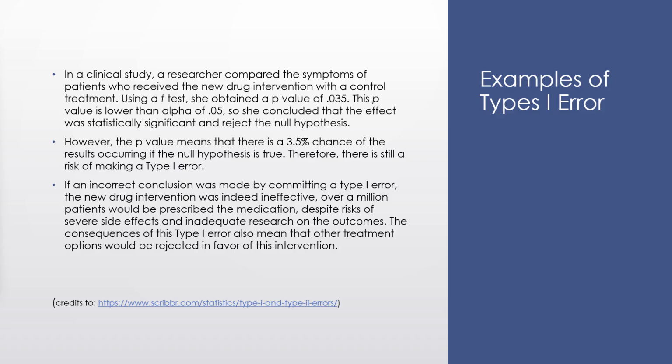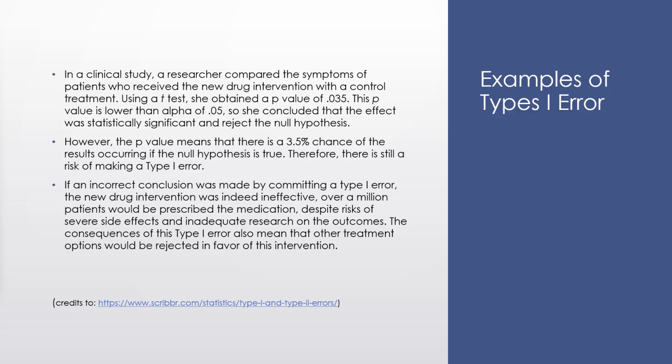Because this value is less than alpha 0.05, she concludes that the effect is statistically significant and rejects the null hypothesis. But remember, a p-value of 0.035 means that there is still a 3.5% chance of getting these results if the null hypothesis is actually true.